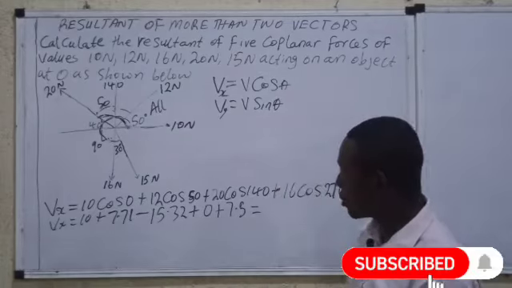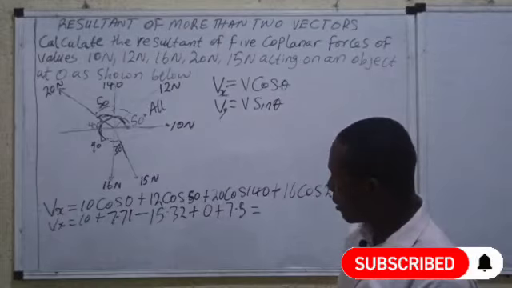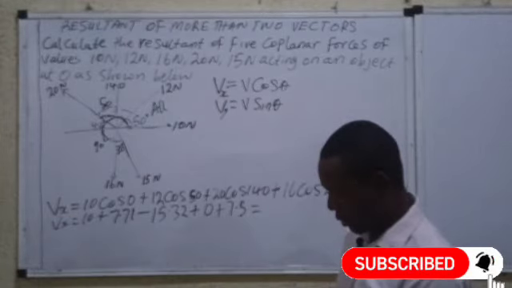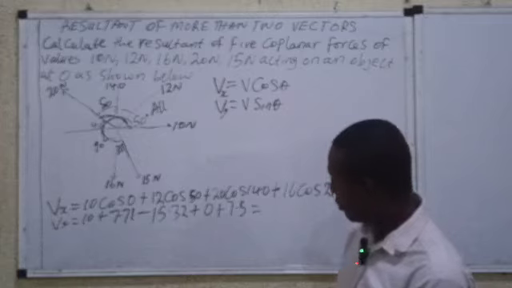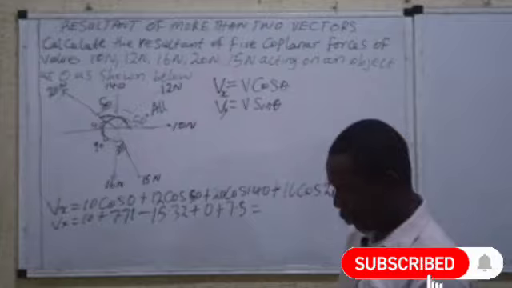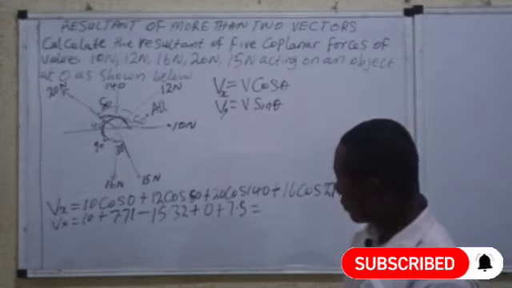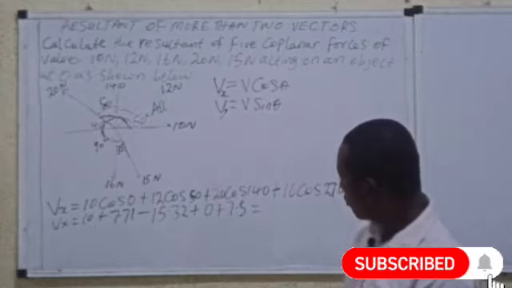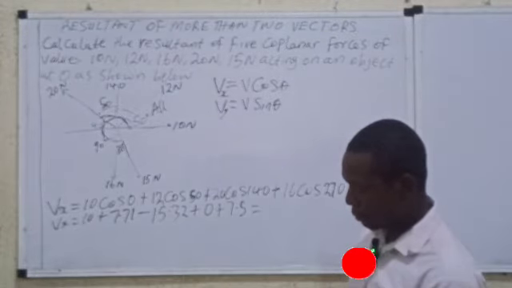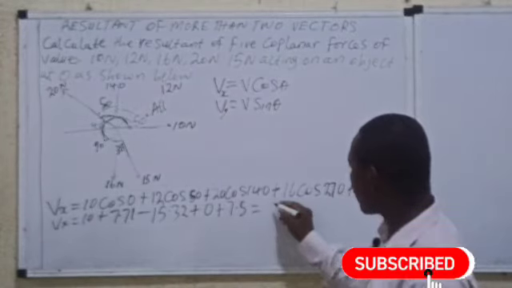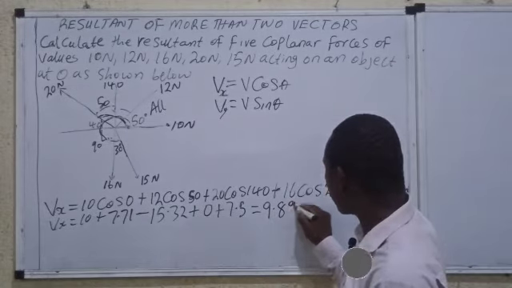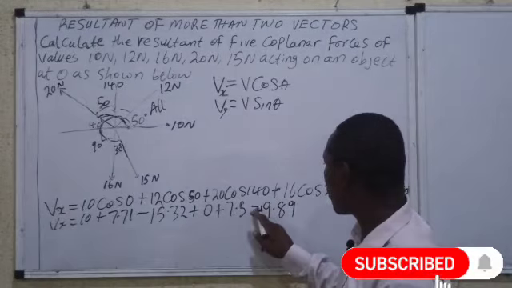So let me quickly do it with my calculator. 10 plus 7.71 minus 15.32. 0 is nothing, plus 7.5. What is our final answer? Our final answer here is what? 9.89. Now this is plus 9.89, right?